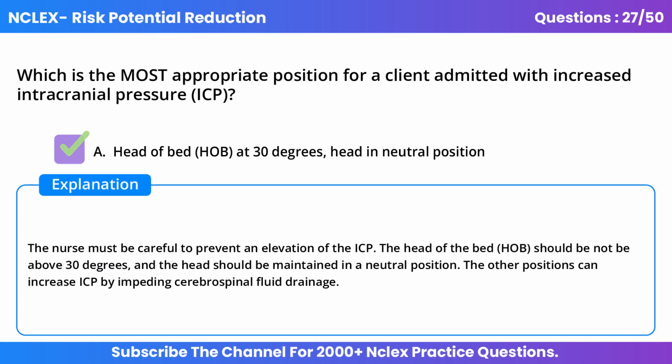The nurse must be careful to prevent an elevation of the ICP. The head of the bed, HOB, should not be above 30 degrees, and the head should be maintained in a neutral position. The other positions can increase ICP by impeding cerebrospinal fluid drainage.